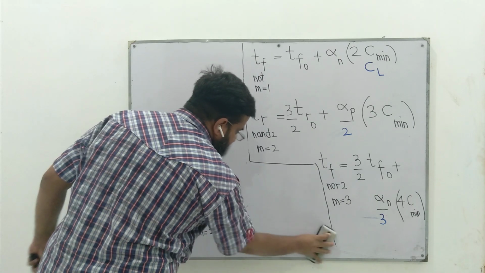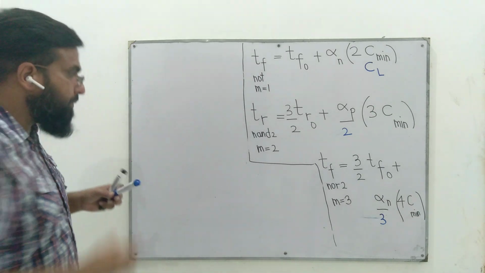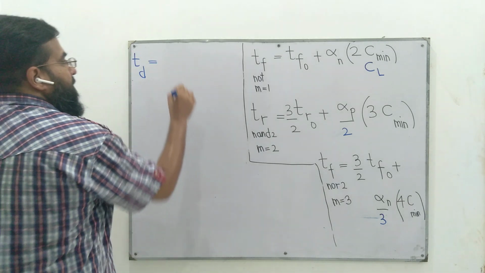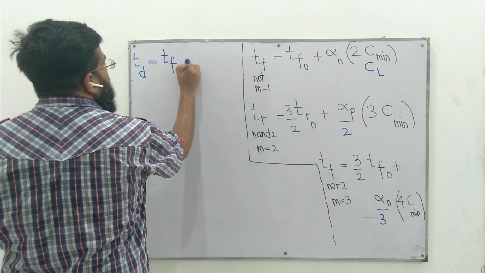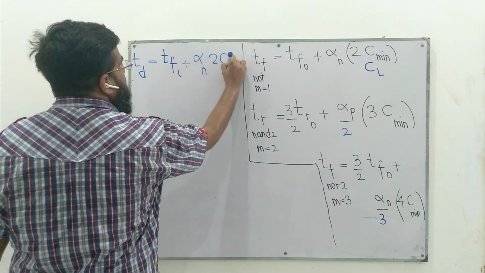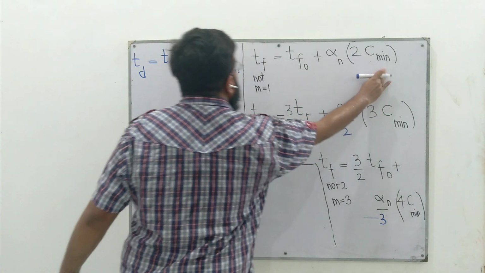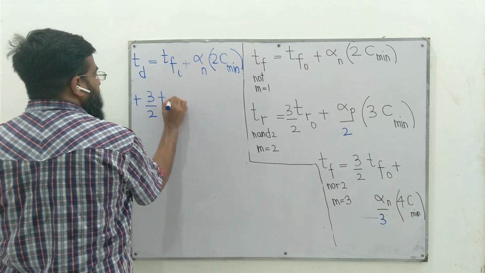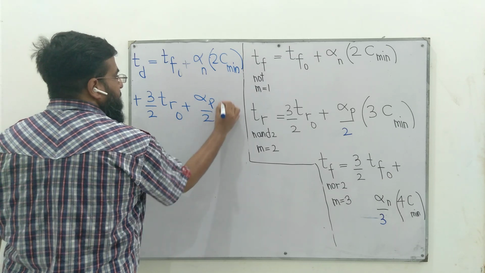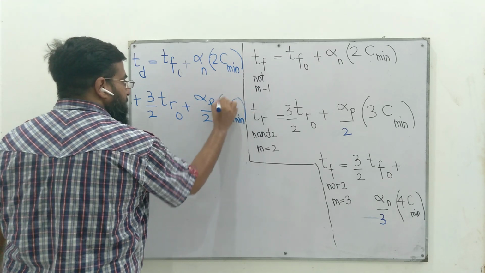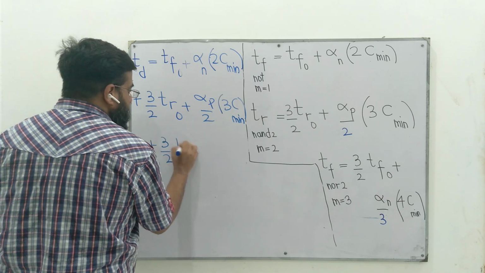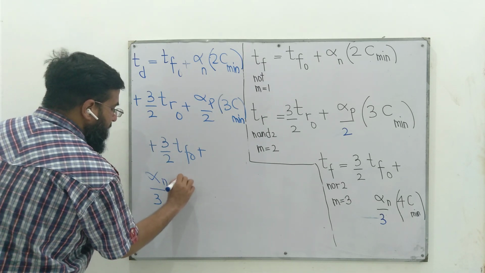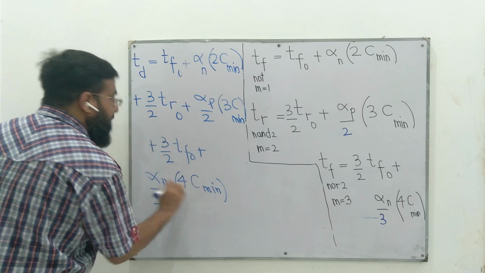So the total chain delay TD is this delay TF0 plus alpha n times 2C minimum, plus 3 by 2 TR0 plus alpha p by 2 times 3C minimum, plus 3 by 2 TF0 plus alpha n by 3 times 4C minimum.